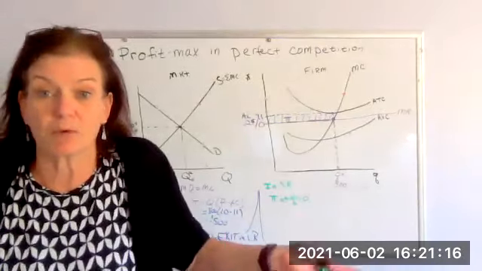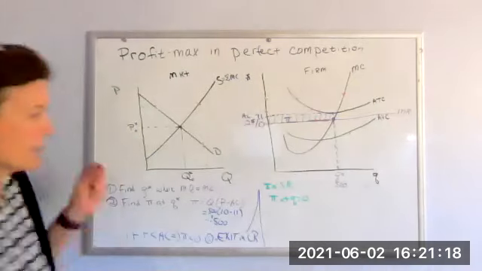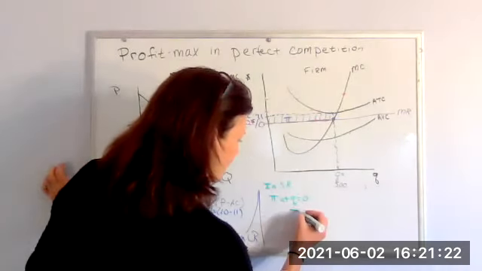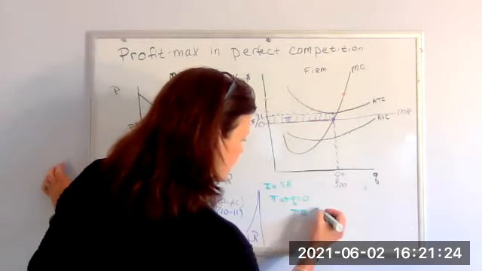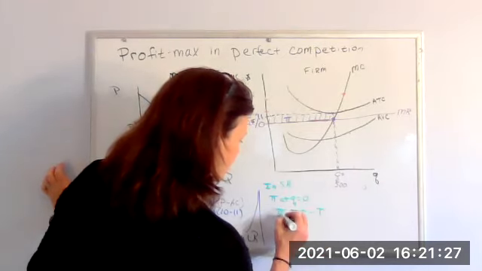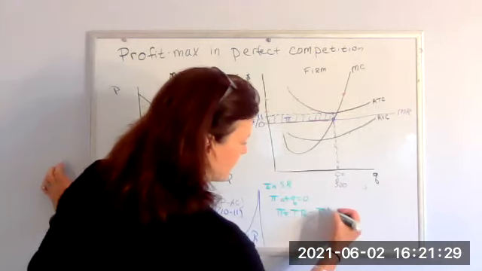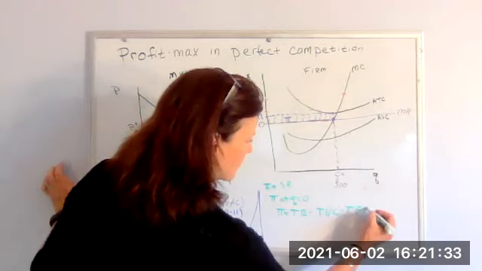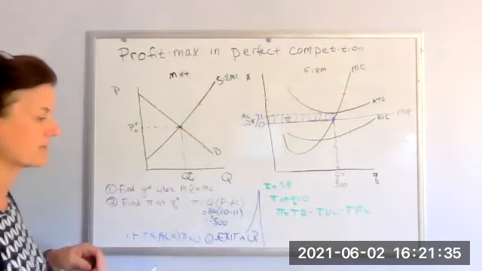In the long run, it would be 0, right? Because I wouldn't have any costs and I wouldn't have any revenue. But at Q equals 0, I know that profit equals my total revenue minus my total cost. I'm going to spread these out, minus my total variable cost, minus my total fixed cost, because in the short run, this matters.